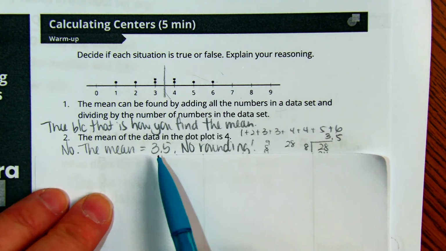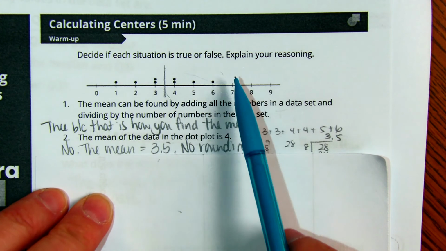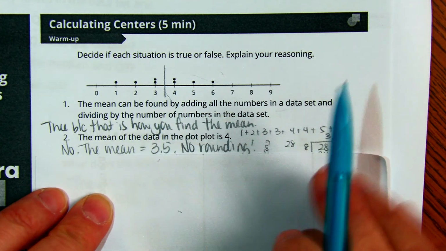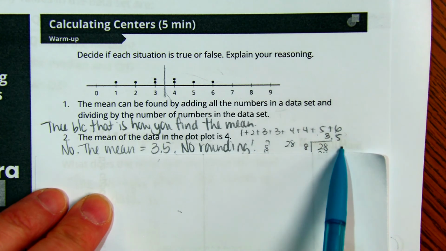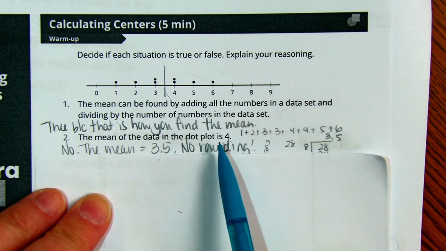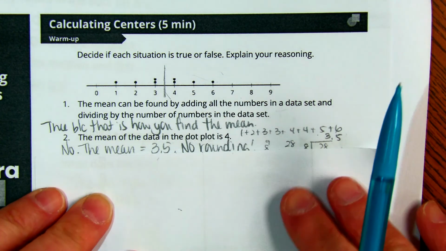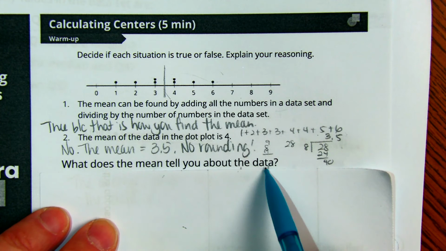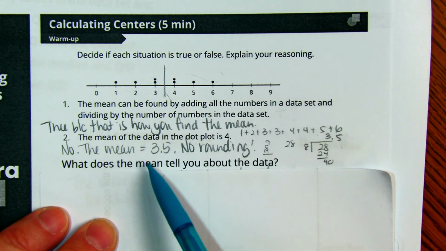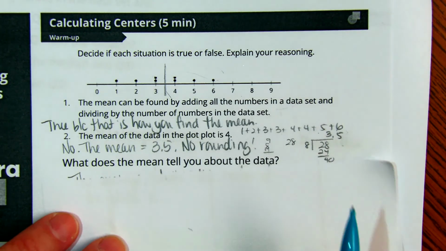The mean is 3.5. So if you looked at the graph and decided what it was, or if you actually added up all the numbers and divided by the number of numbers, you're going to get 3.5. Remember, no rounding, so we don't round. And then what does the mean tell you about the data? Another thing we've talked about was mean also means average.